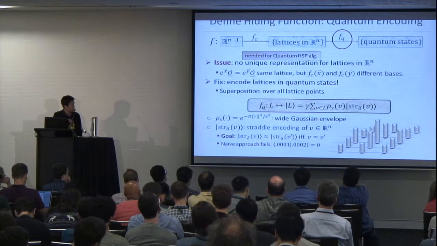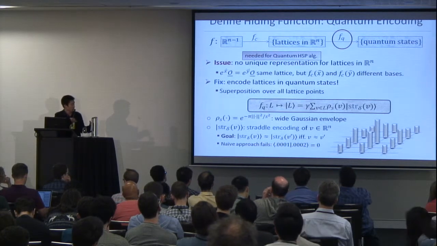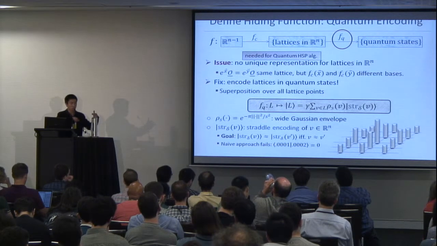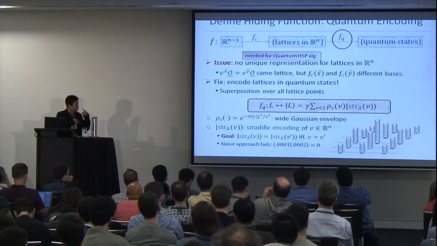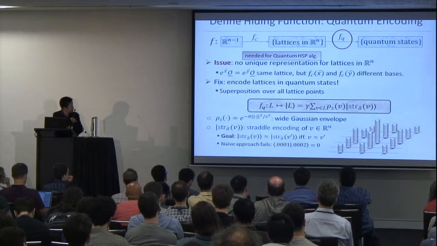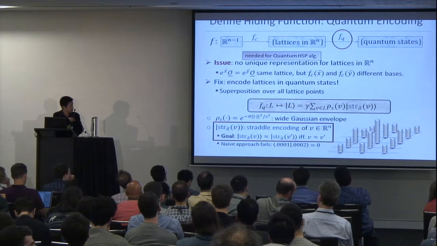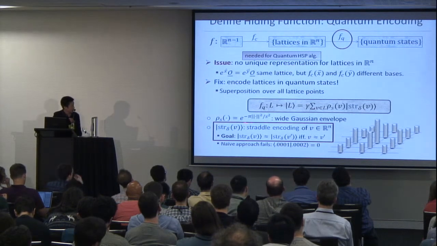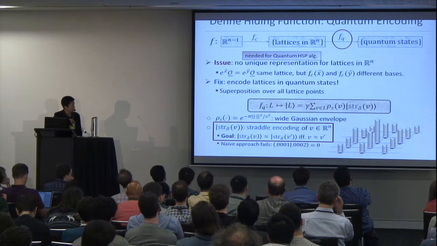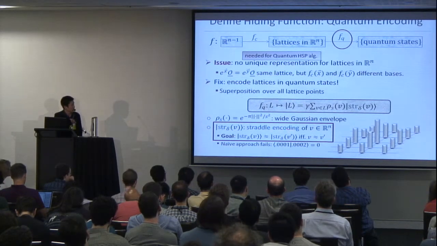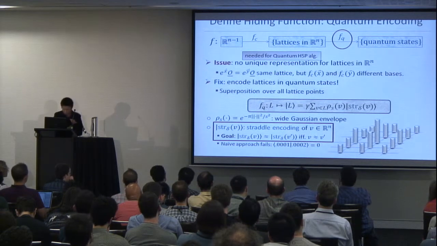And it's easy to see that the naive approach, truncating a real number and representing it in the computational basis, doesn't work. So I claim that composing FQ with FC will give what we want. In order to see that, I want to spend a while to explain the Strano encoding. This is a little gadget which I think could be useful elsewhere.